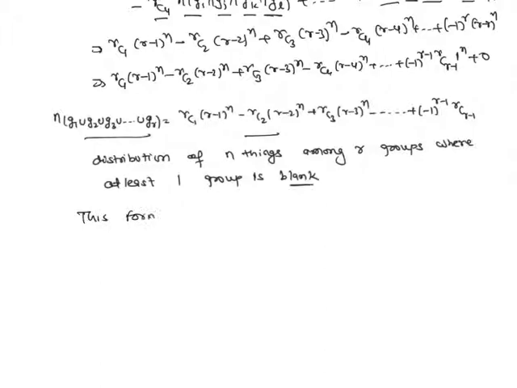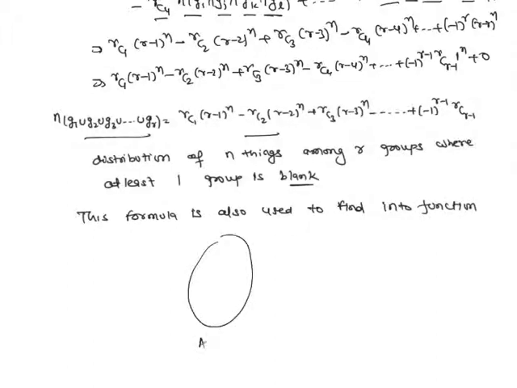This formula tells the distribution of n things among r groups where at least one group is blank. This formula is also used to find into functions. Now there are two sets: set A has n elements and set B has r elements.